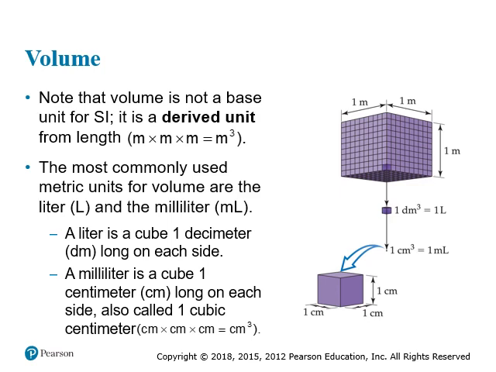The cubic centimeter is also known as the milliliter. A cubic decimeter is also known as a liter. And most commonly, we find ourselves using the milliliter and the liter in terms of volume.